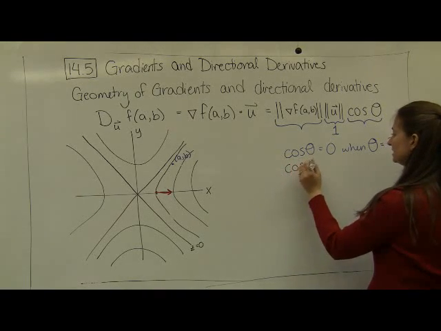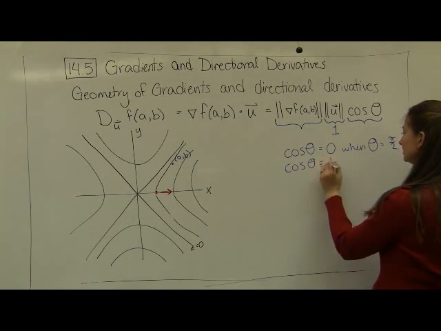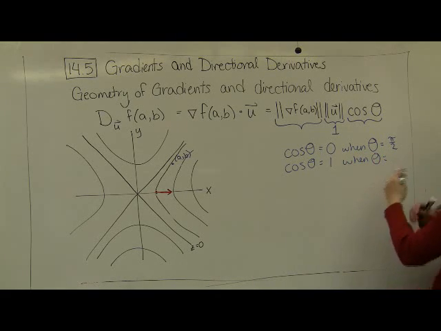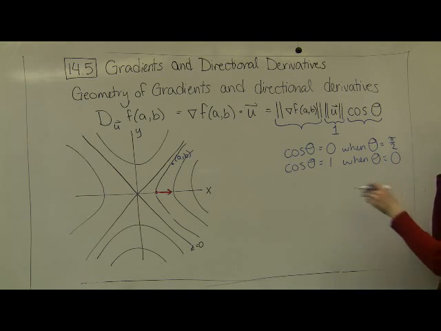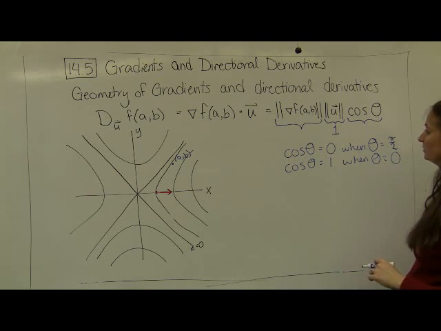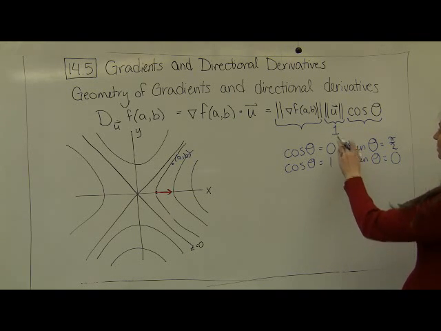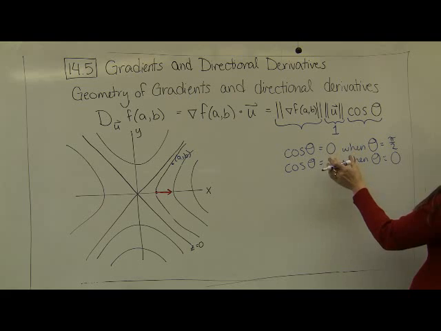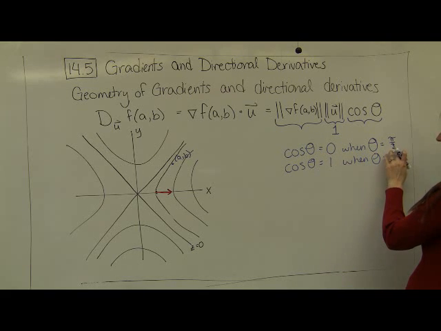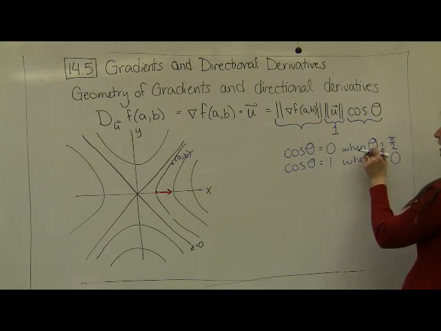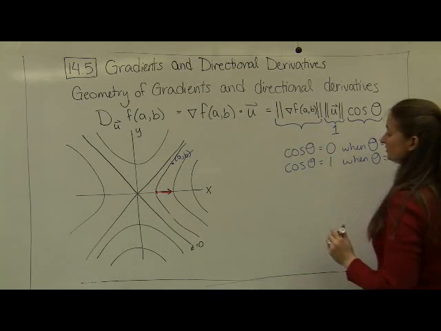And my cosine is equal to 1 when my angle theta is equal to 0. Obviously, these are only certain examples. It's a whole circle, and so it goes around and around. But for the sake of clarification, that means that when the unit vector is perpendicular to the gradient, that's when my directional derivative is 0.